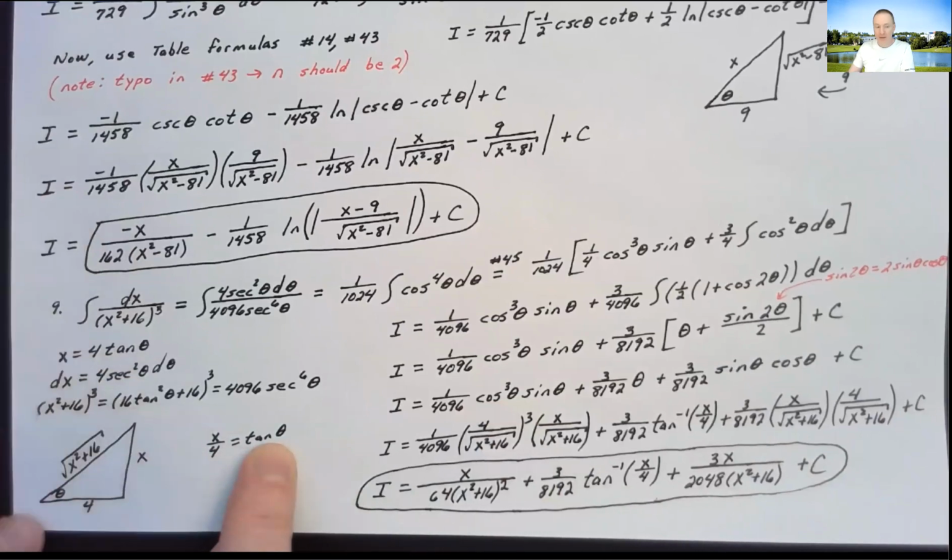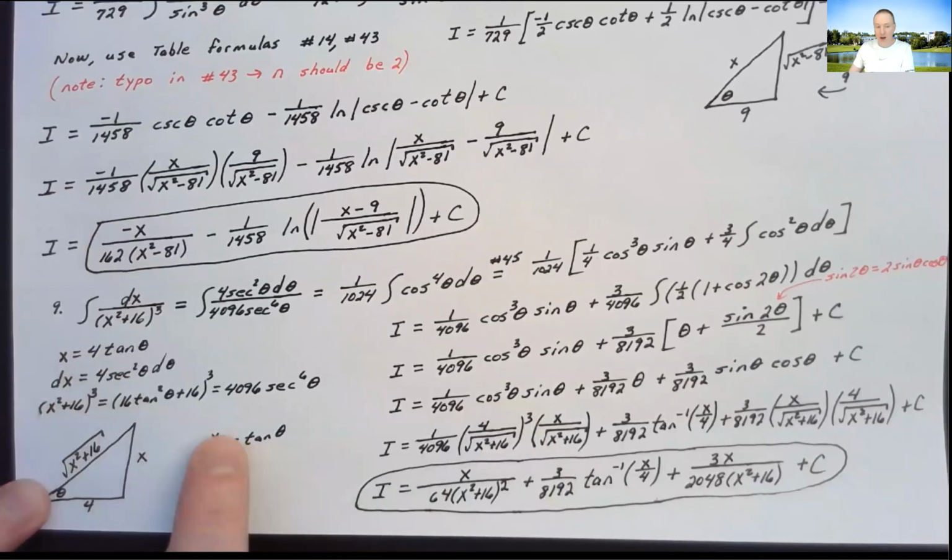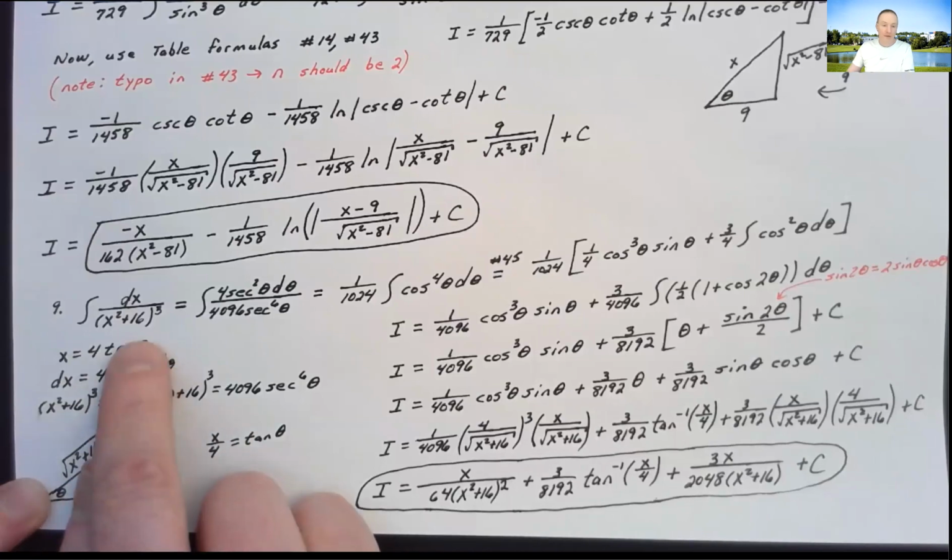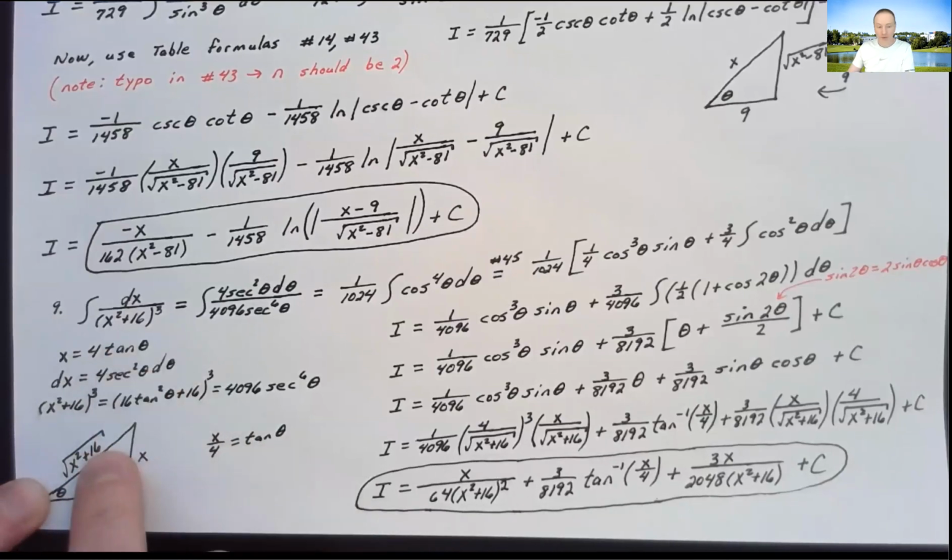Tangent of theta is opposite over adjacent. So opposite theta is x, adjacent to theta is 4. My hypotenuse has to be the square root of the legs squared, so I get the square root of x squared plus 16. And again, what's in the original problem must pop up in your trig triangle, and it does.